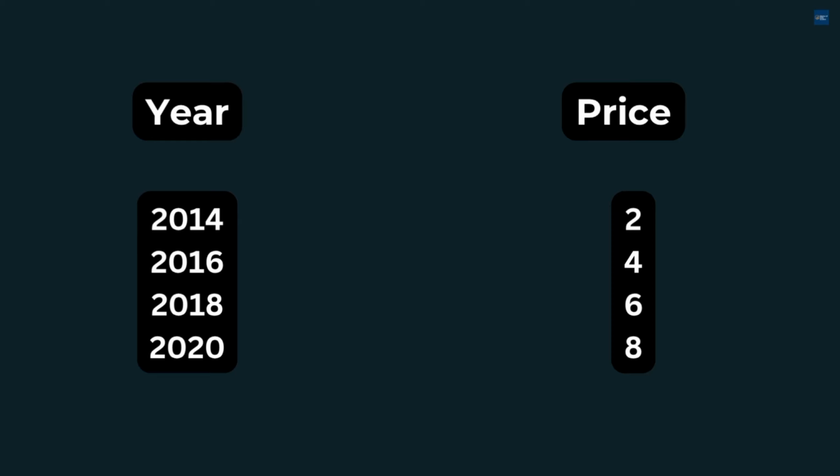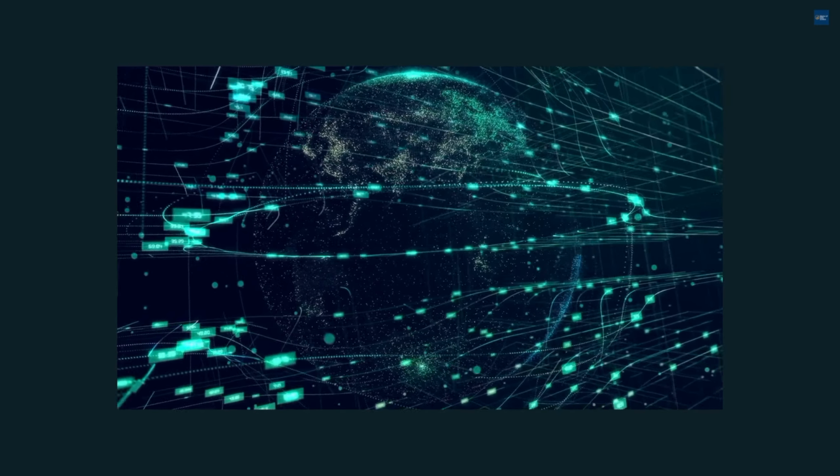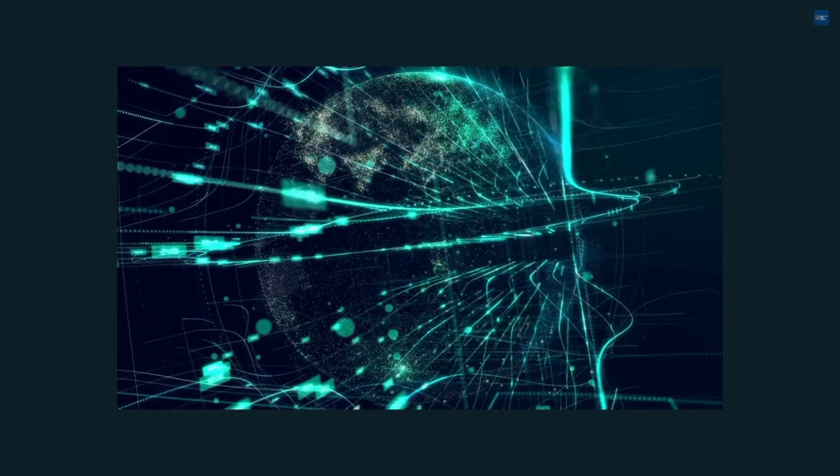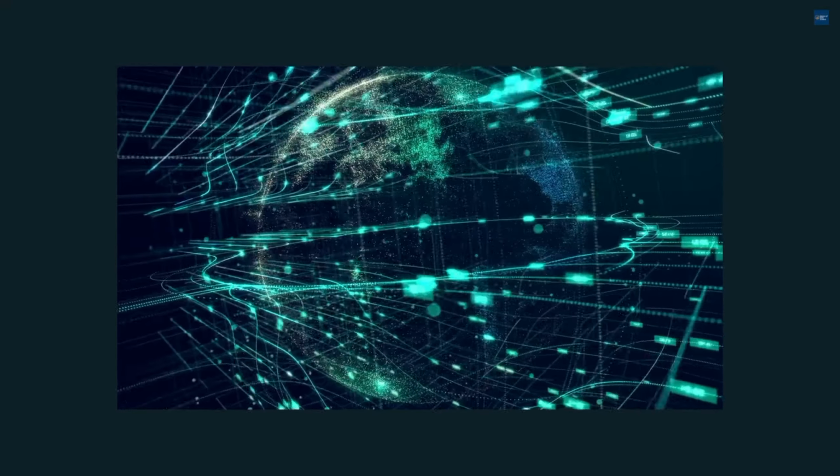In 2020, 8 lakhs. If this pattern continues, what do you expect for 2022? Most likely 10 lakhs. This is a pattern the machine can learn, and this type of problem is called regression.